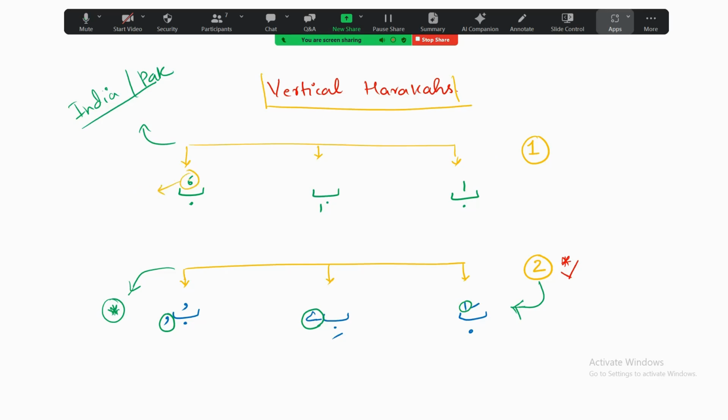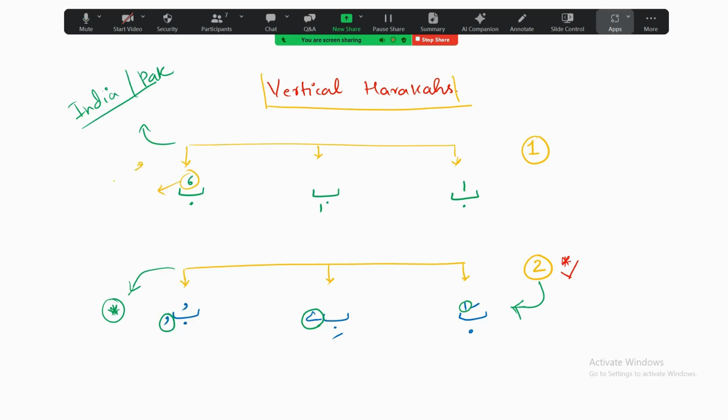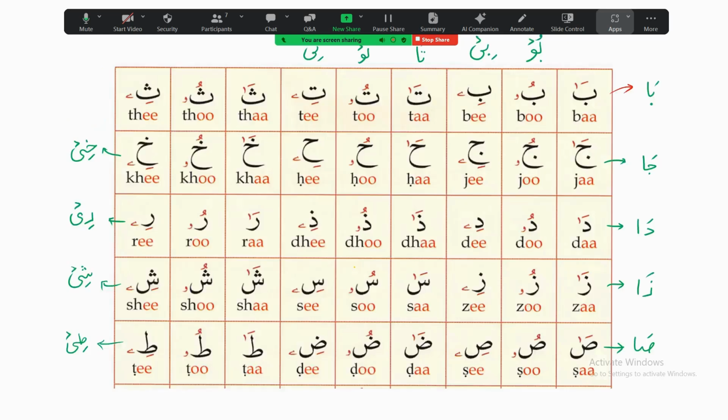It will be upside down. The normal dhamma was like this, right? But here it's upside down, or you can say inverted dhamma. I'm mentioning this just for the people who are following the simplified mushaf, but actually you're supposed to just remember the second one I have mentioned. So you'll find just this little difference that I've mentioned.